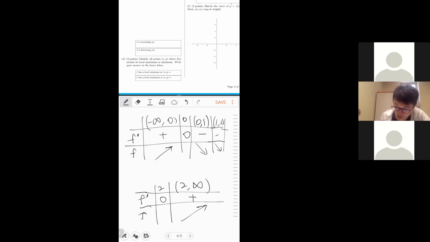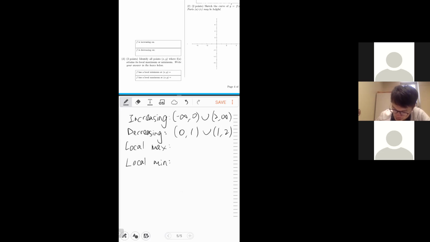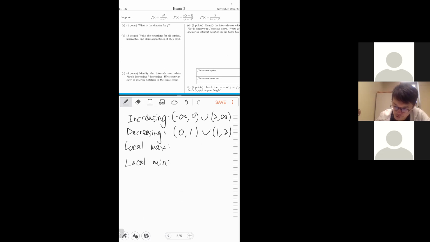Part D is asking for the local max and local min in terms of x and y coordinates. We know that the x coordinate for the local max should be 0, right? And how do I get a y coordinate?